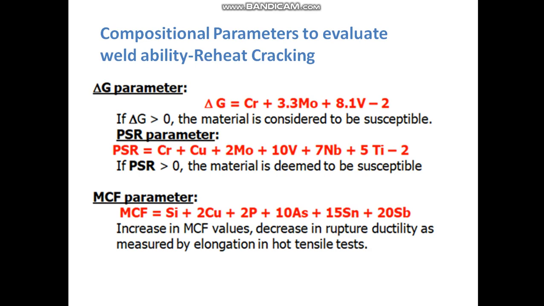There is another parameter, the PSR parameter. The PSR parameter considers in its equation chromium, copper, molybdenum, vanadium, niobium and titanium. If PSR is greater than 0, the material is deemed to be susceptible.